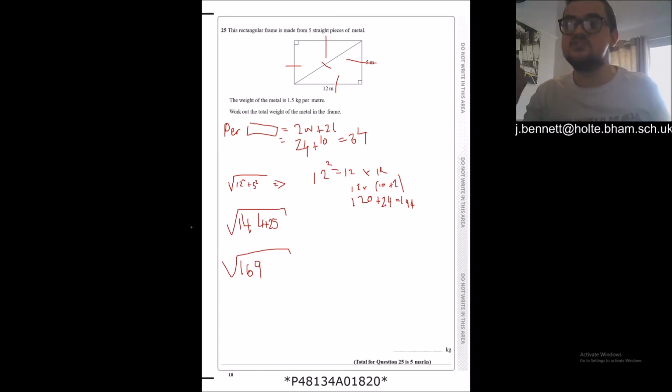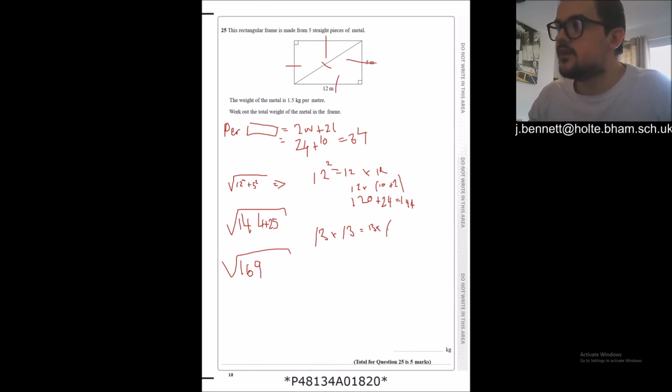So let's work out 13 squared. 13 times 10 plus 3. 13 times 10 is 130. 13 times 3 is 39. Add these together, and voila, we get 169. Funny that. So this equals 13.